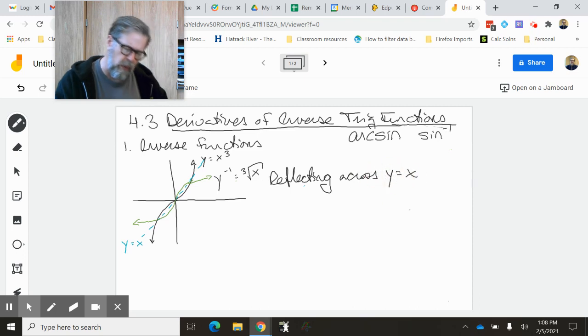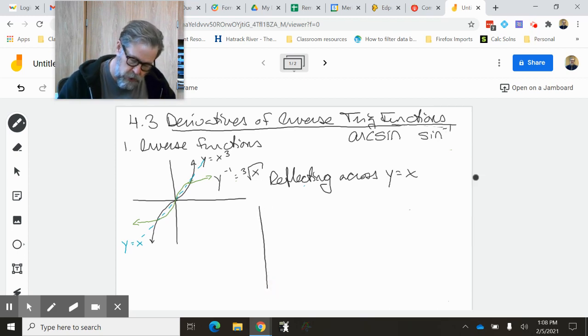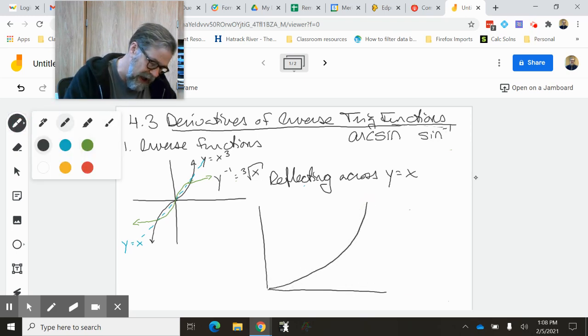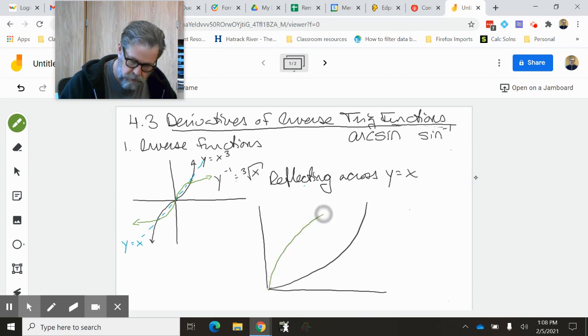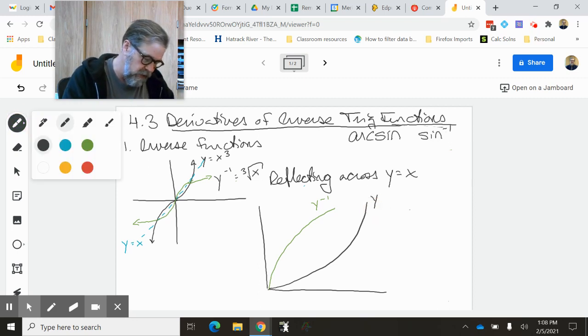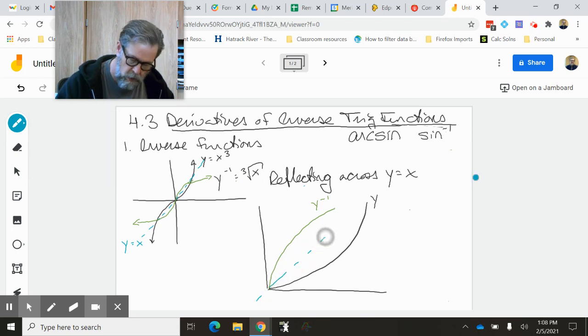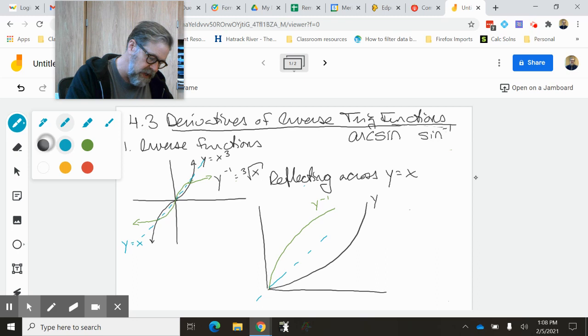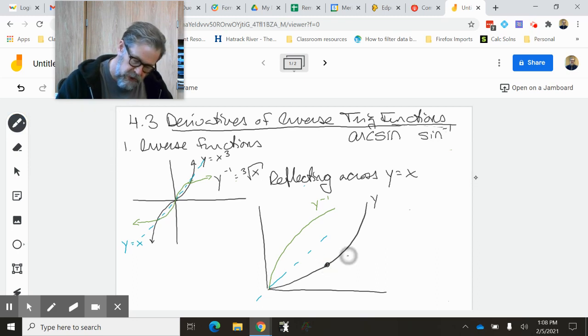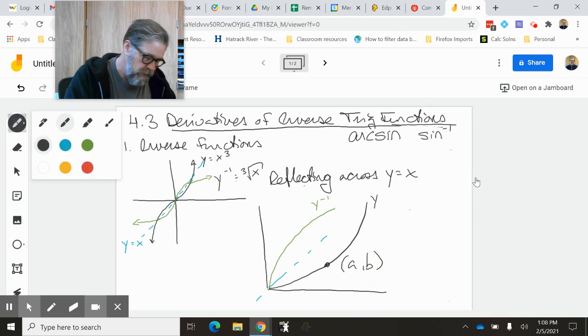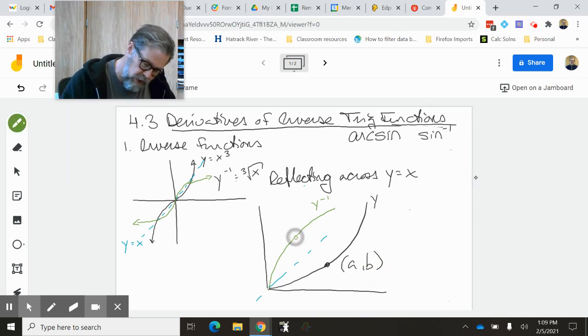And this is going to be really important for finding our derivatives, because if we zoom in on just one part of this graph that I've drawn, here's my inverse function, and here's my original function, and of course they are reflected across the line y equals x. And what that means is that if there is a point on this graph at a, comma b, there will be a reflected point on this graph at b, comma a.